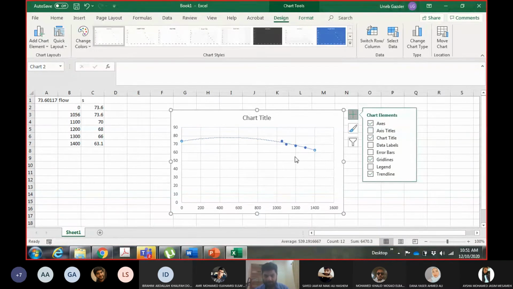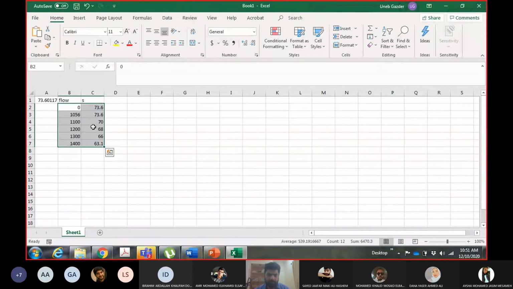Because Excel takes from start to end. So this one should be a straight line, and then for the other points you should plot separately. Maybe I can just plot it for these points, because from here to here it is a straight line, so I don't need the first point.